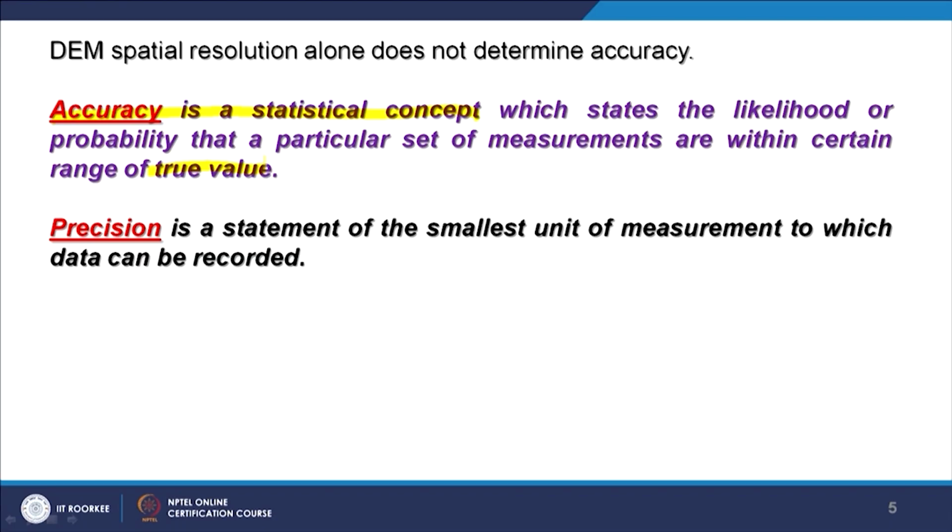However, precision is a statement of the smallest unit of measurement to which data can be recorded. That means precision depends on the instruments which I am going to use. Suppose I have a 1 foot scale, on one side I have inches, on the other side I have centimeters.